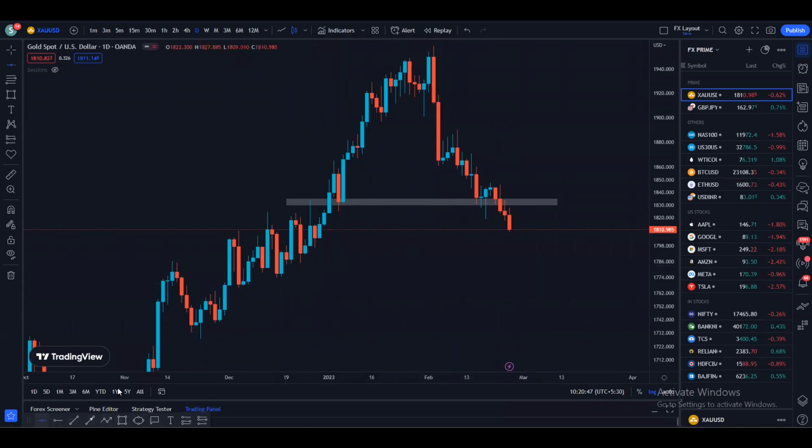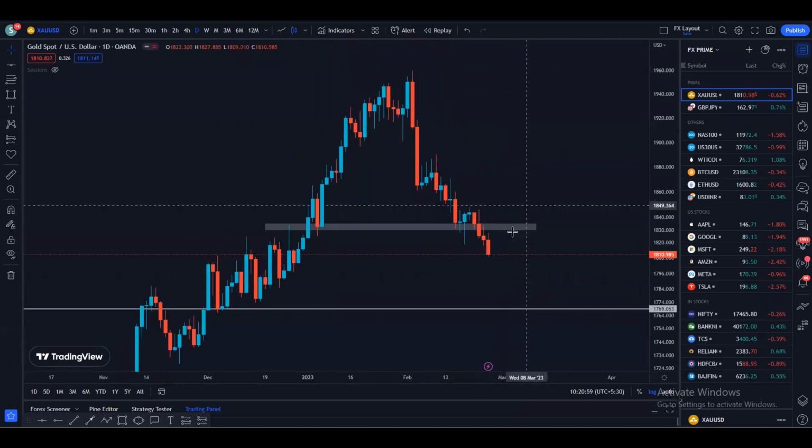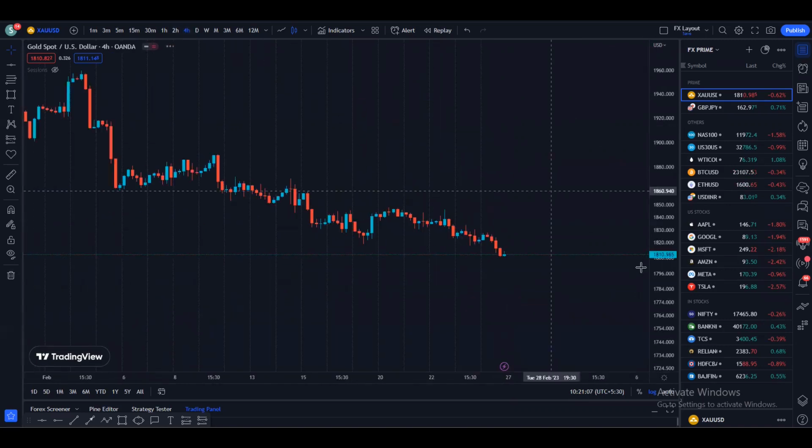And if you see the lowest support, this is going to be the lowest support on the daily time frame. So if we anticipate the price action on the daily, the price can continue going to the downside and retest this low, or we can come up to make some kind of pullback and then go to the downside. Now let's see more details on the 4-hour time frame.